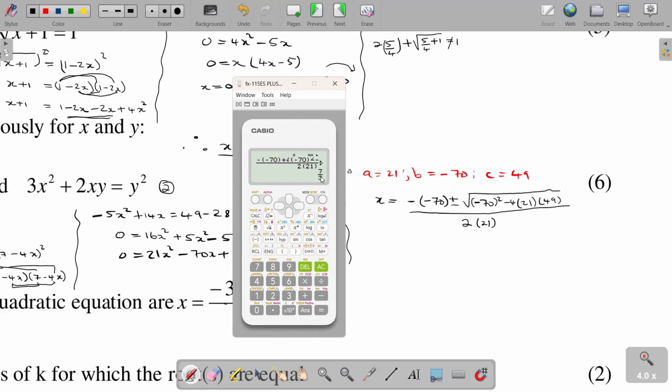We are getting 7 over 3 as our answer. The other one, take note, we are getting 7 over 3.